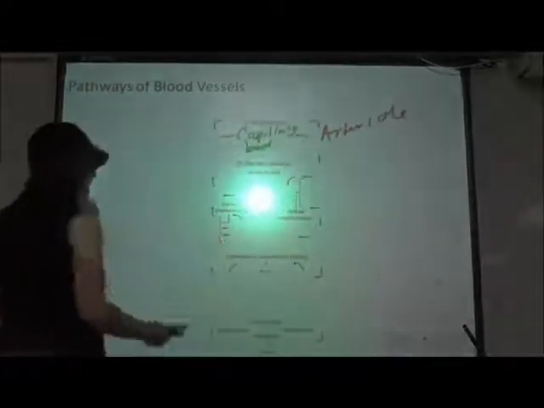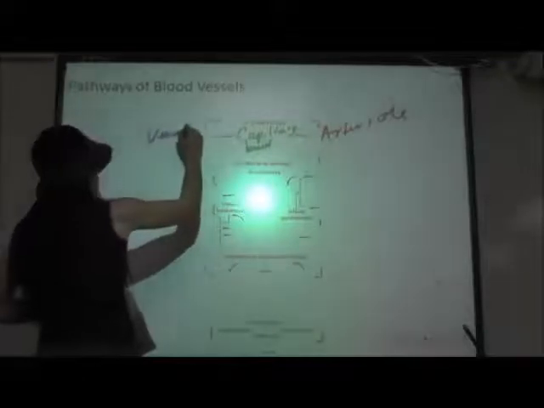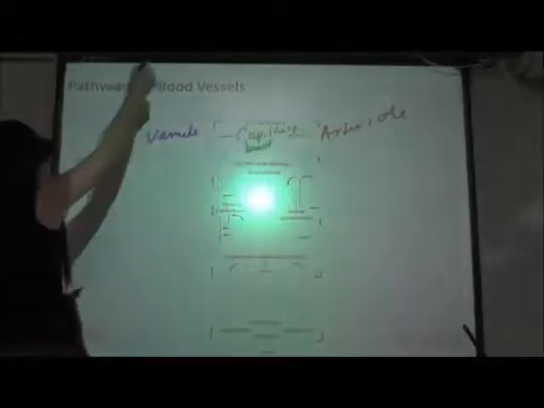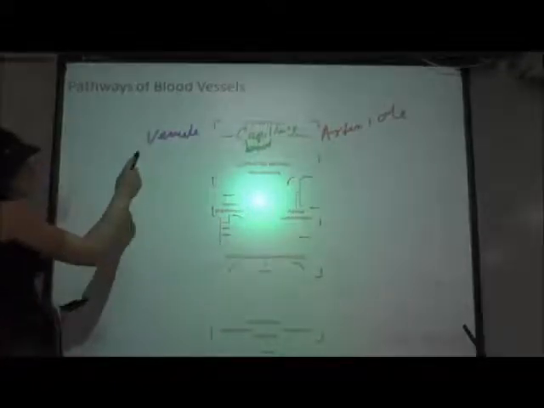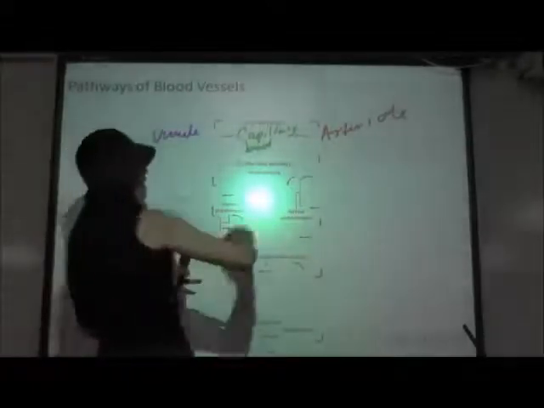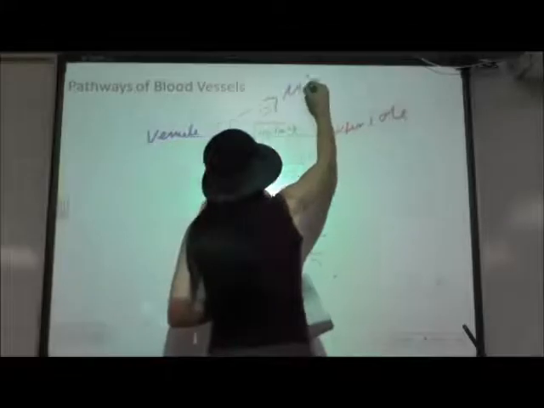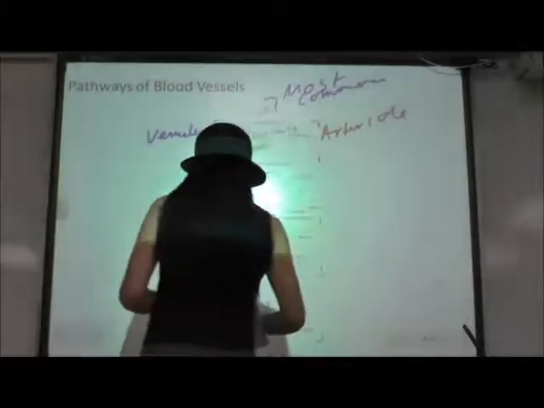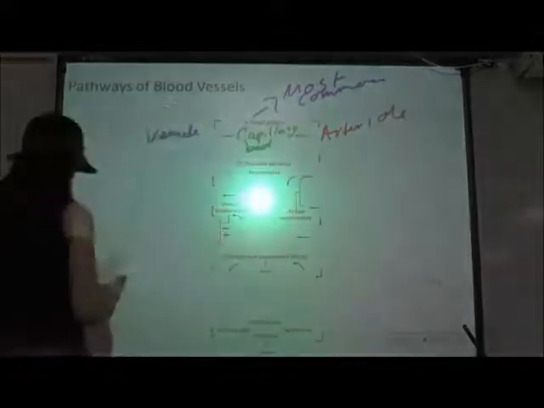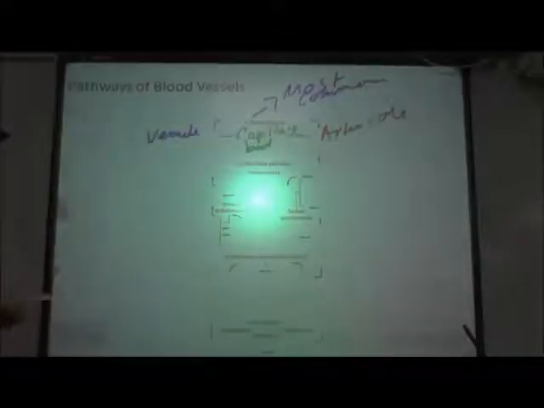Our capillary bed will lead into a venule. Our venules will converge to veins and bring blood back to the heart, and we'll get through our arteries and so forth. So most of our pathways are simple pathways. But there are alternative pathways.